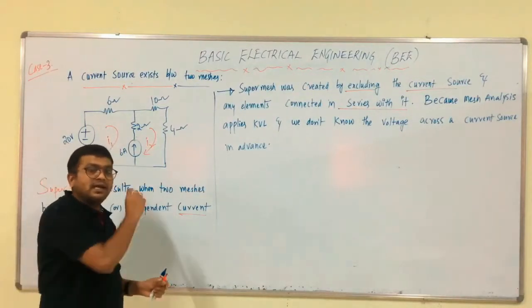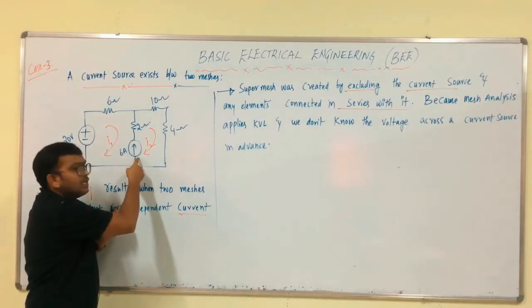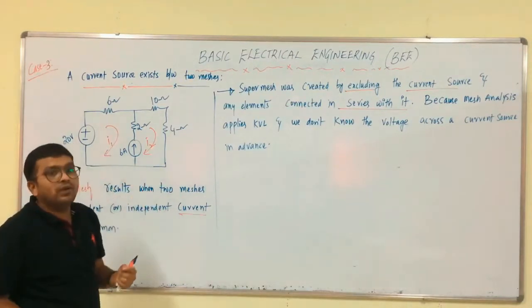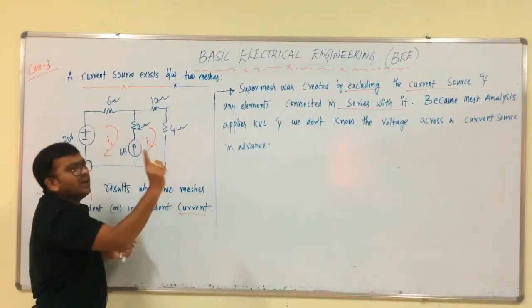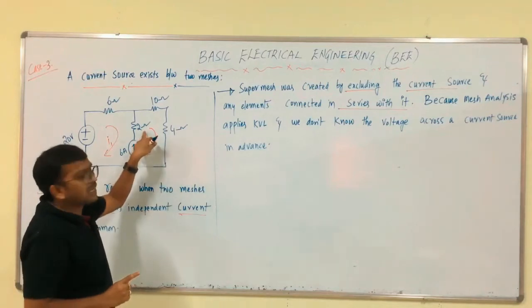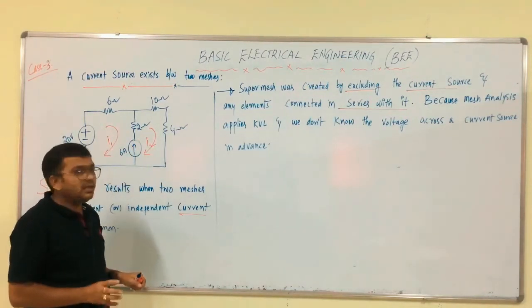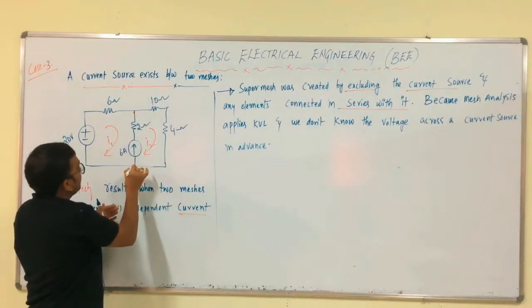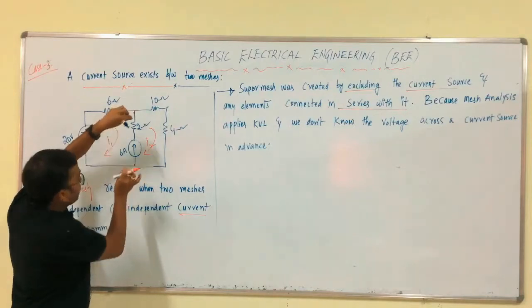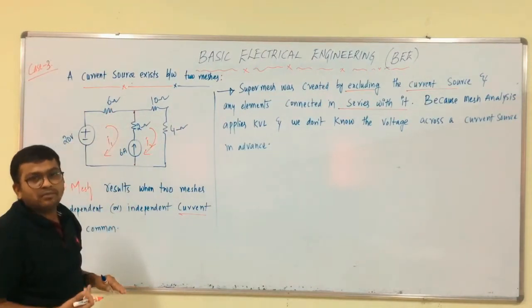In addition, the elements connected in series with that current source should be excluded from this circuit. Here we have only one element, the 2 ohm resistor, connected in series with that 6 amp current source. So we have to remove this part from this circuit and follow the remaining procedure.